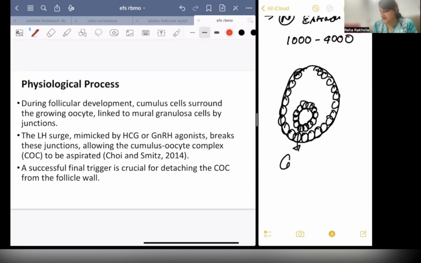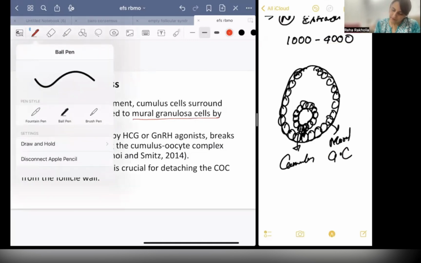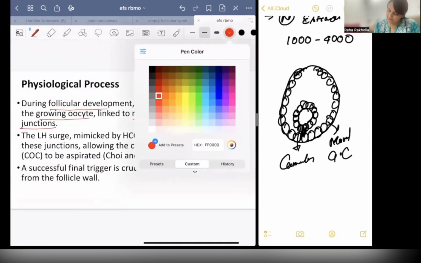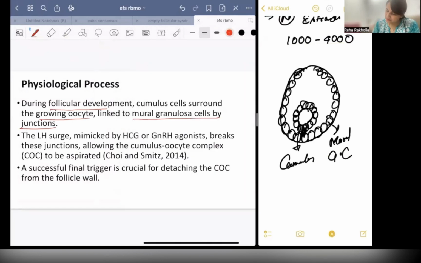This is cumulus cell and this is mural granulosa cell. So during follicular development, cumulus cells surround the growing oocyte, linked to mural granulosa by junctions. These two are linked with junctions.